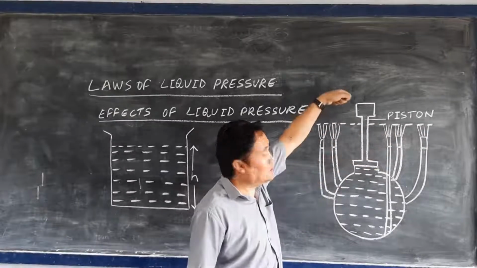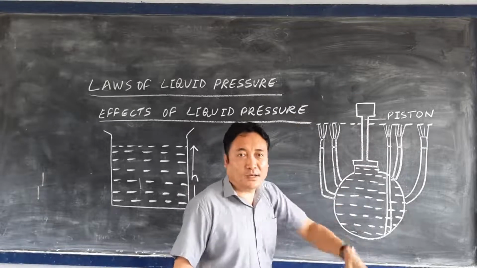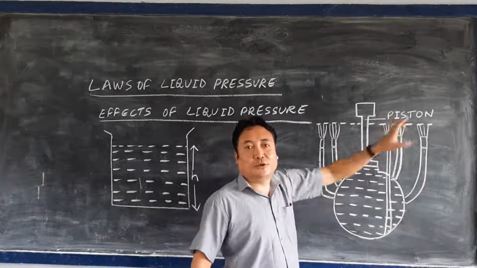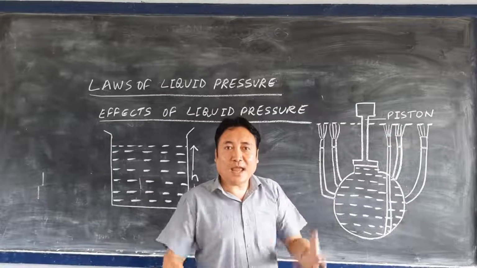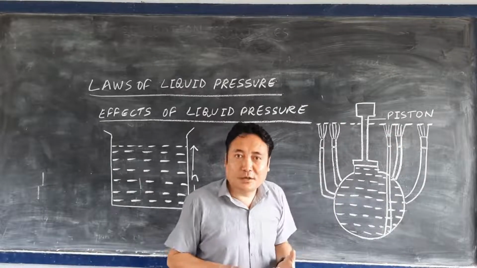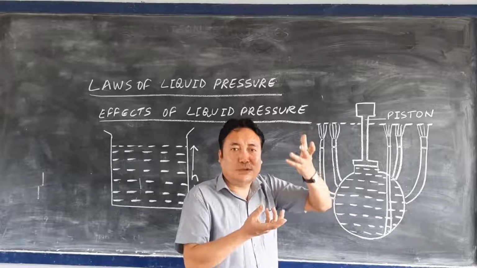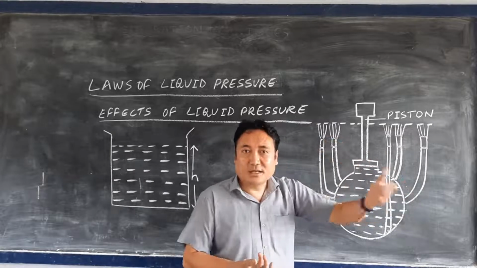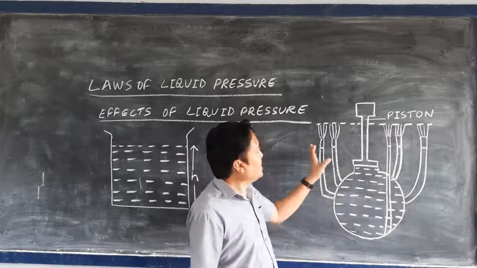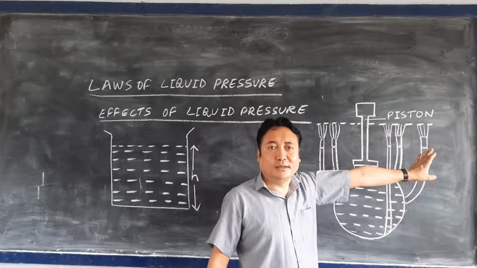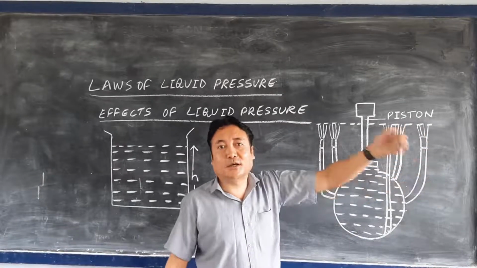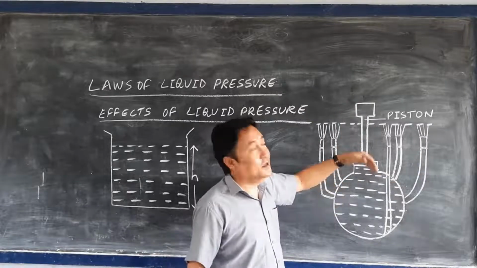So when the piston is pressed downwards, water from the narrow tubes will come out, and an equal amount of water will come out through every tube. From all the narrow tubes, equal amounts of water will come out in all the directions.